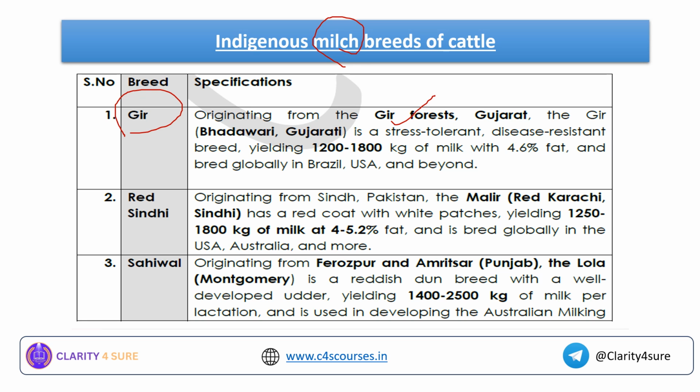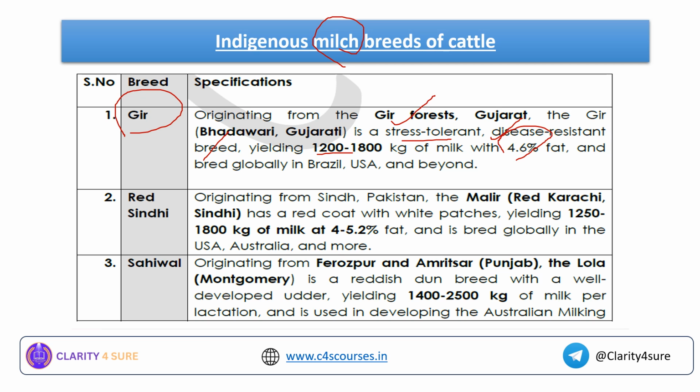It is heat tolerant, stress tolerant and disease resistant, with a milking capacity of on average 1200 to 1800 kg of milk and a fat percentage of 4.6. This breed is also bred globally in countries like Brazil, USA and Singapore for its high milk yield and fair fat percentage.